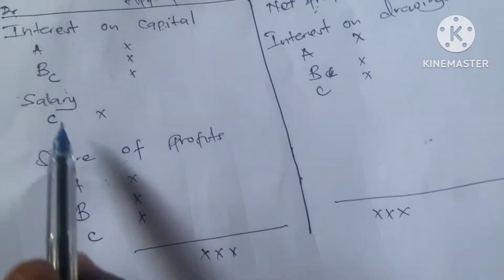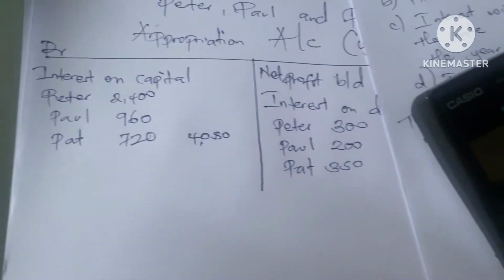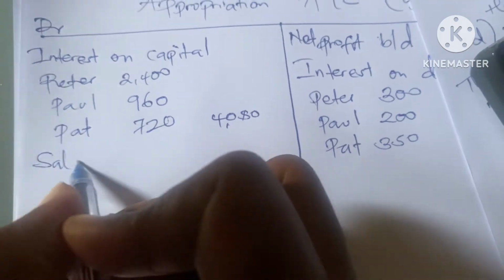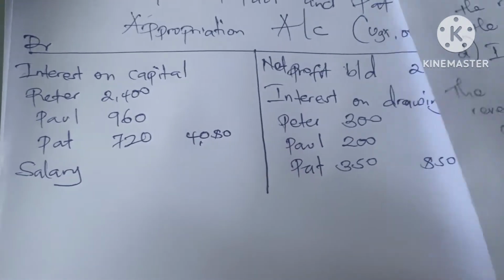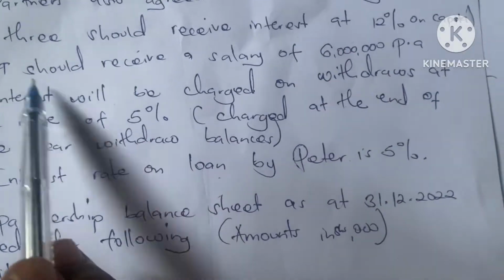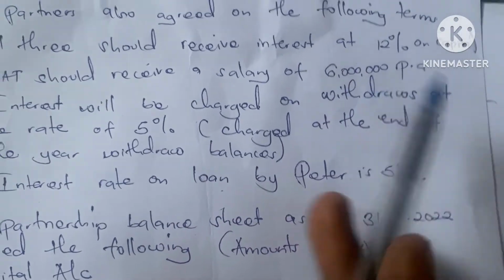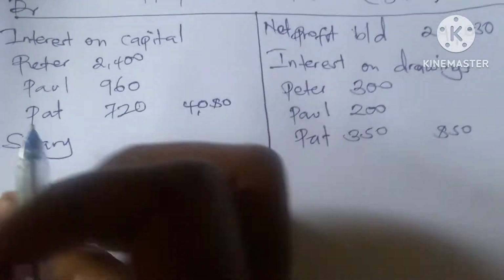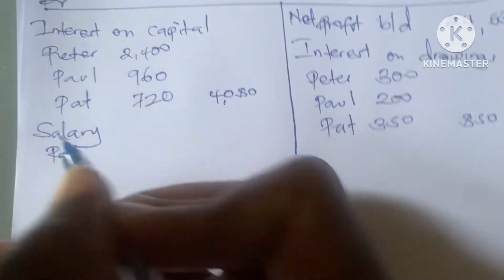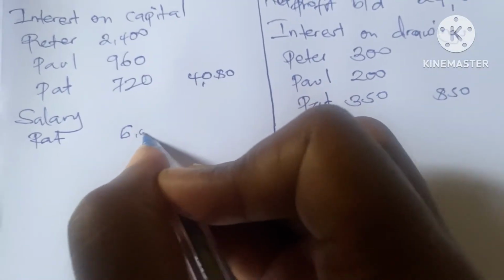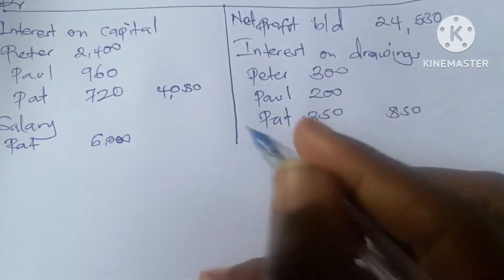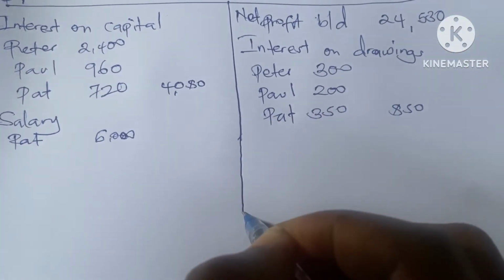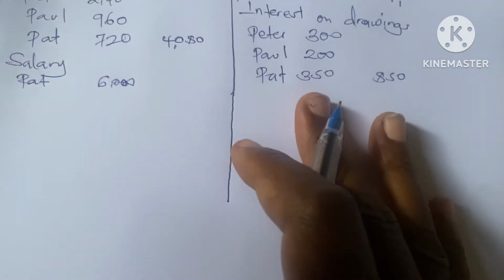Then according to the format, the next thing we have is salary. According to the question, Pat should receive a salary of 6M. Pat is the only one having a salary, but remember these are in 3 zeros, so we write 6,000, like that. Then we get the difference between the two sides.